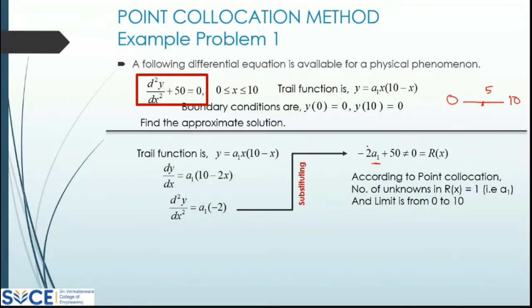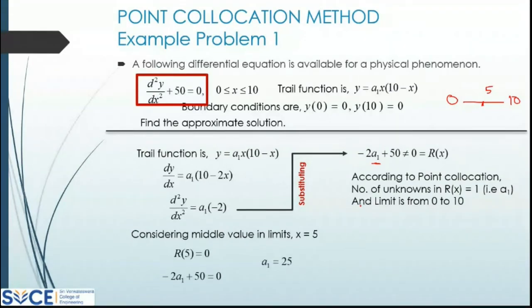Does this equation have any x? No. The equation doesn't have any x at all, so no need to worry. So I can say that minus 2a1 plus 50 is equal to 0, which means I will get a1 is equal to 25.